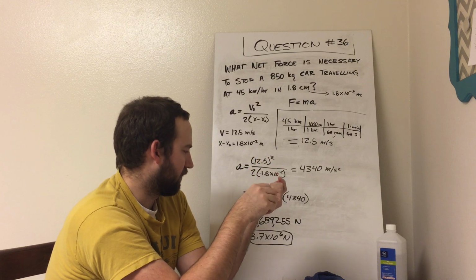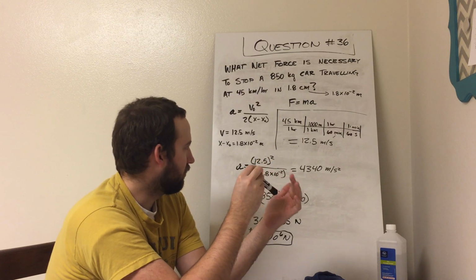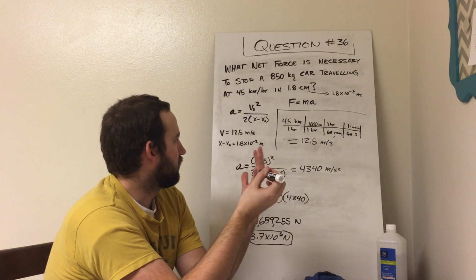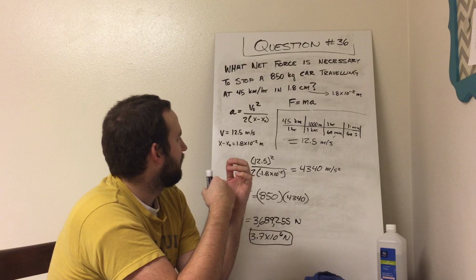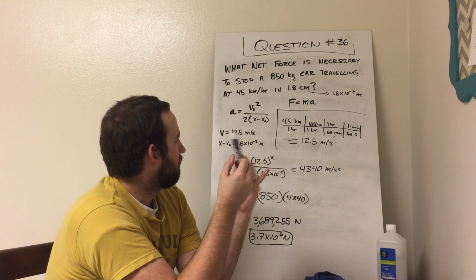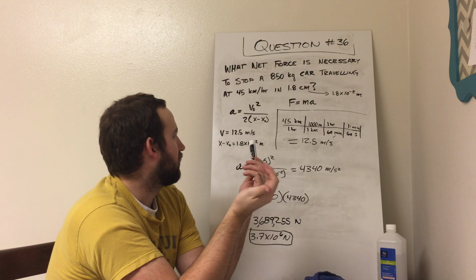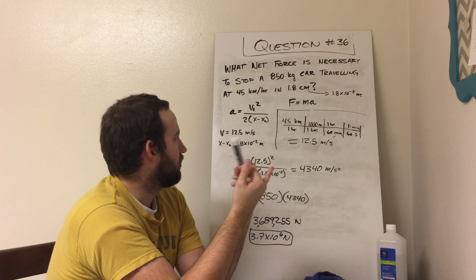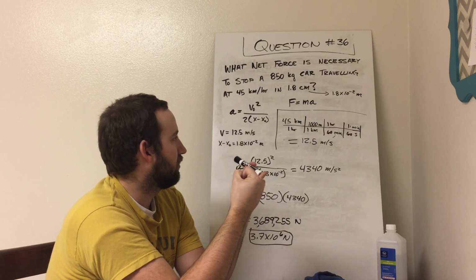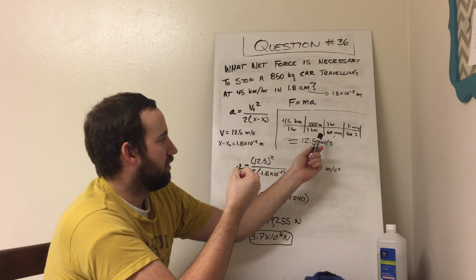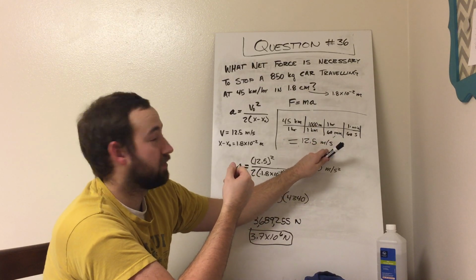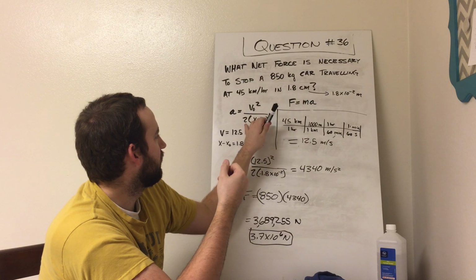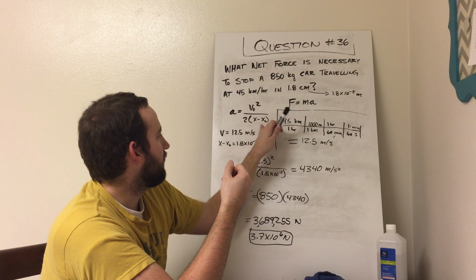So anyway, in conclusion, to wrap up and summarize what we've done here: first of all, we needed to find the acceleration. So we used the velocity that we had to use dimensional analysis on to get it into the right units, the velocity squared over 2 times that distance.